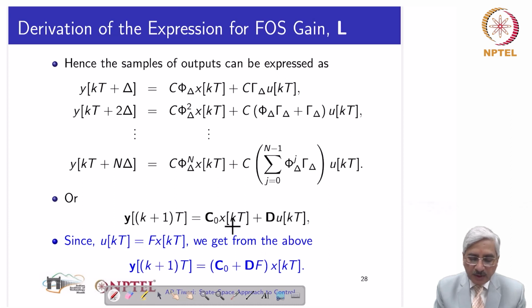And of course, before we do that, we substitute in place of u(kτ) f x(kτ), and so this becomes C0 x(kτ) plus d into f x(kτ). When we take x(kτ) common on the right, we are left with y((k+1)τ) equal to C0 plus df.